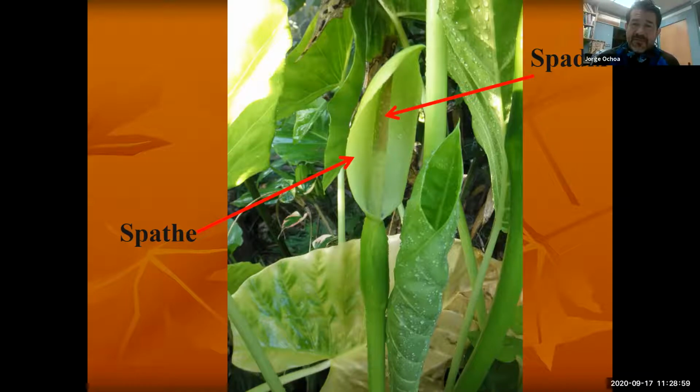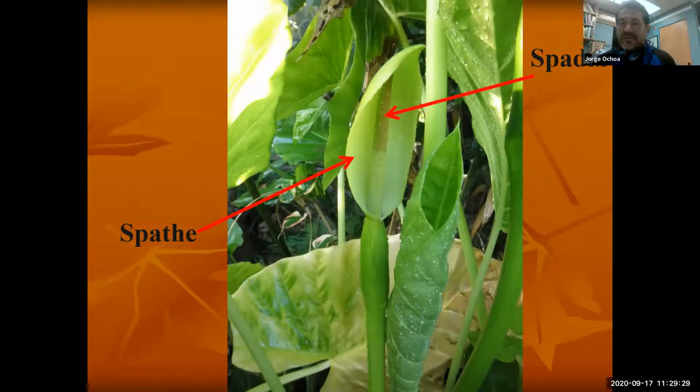The first thing is something known as the spathe, which is a bract. That is a modified leaf that you may find in certain plants. The bract is going to create this hood-like structure. The hood-like structure is going to probably protect the column inside from water. So it's going to act like a rain jacket.